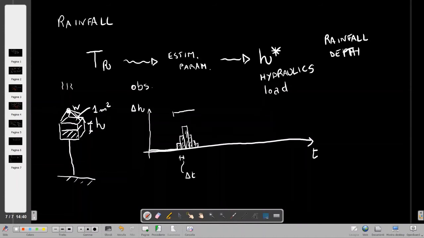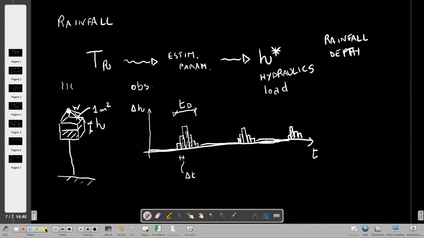This duration that we can call Td is the duration of the event. Then it does not rain, and then a new event will occur. Then again it does not rain, and then another event.